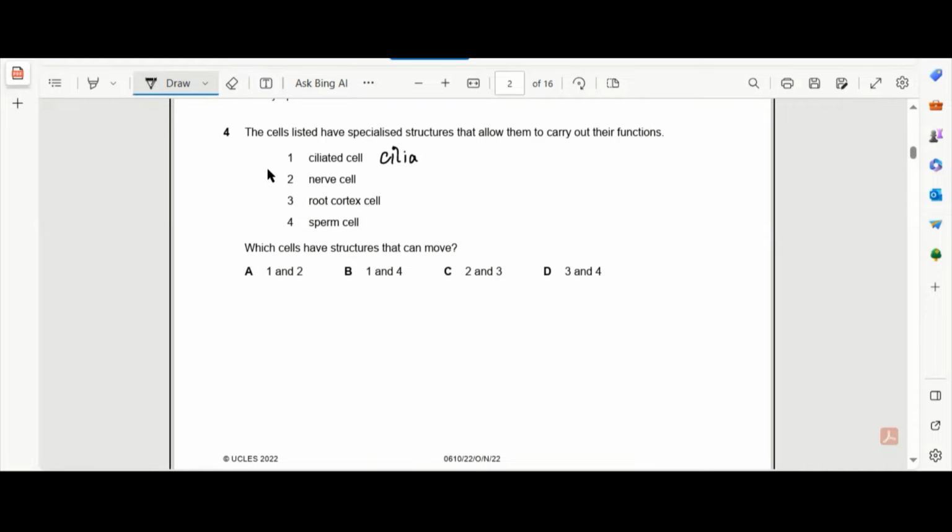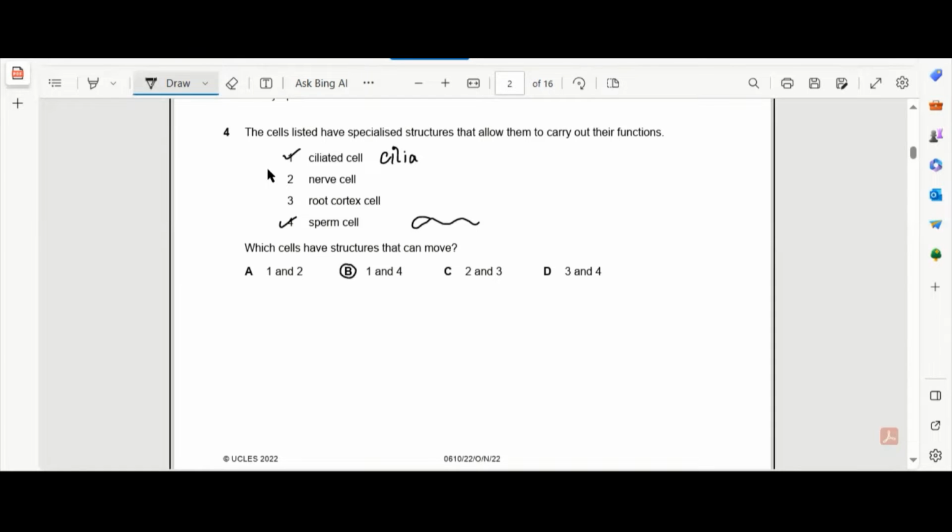So for sure, ciliated cells. And sperm cells also have flagellum, which helps them to move. So 1 and 4 will be the answer.